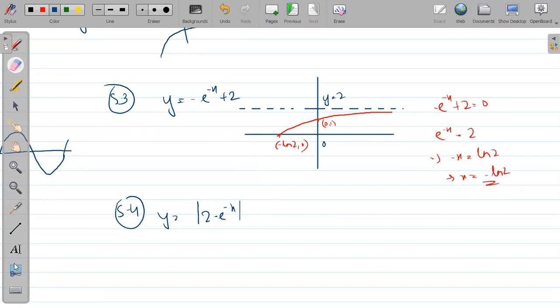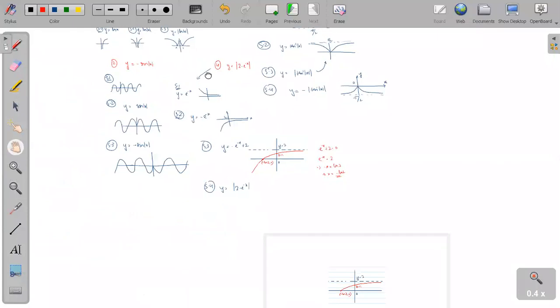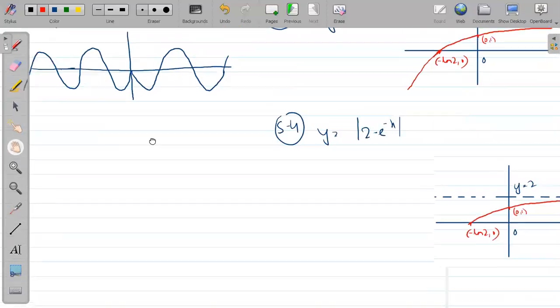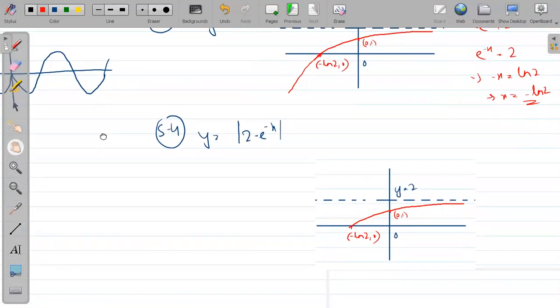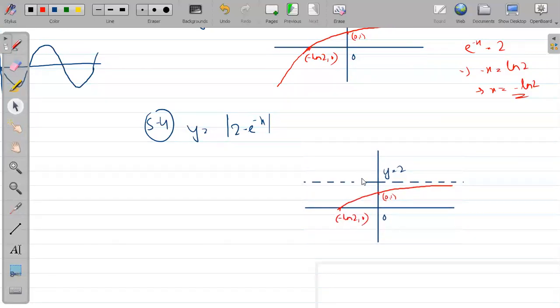You just get the idea. So after taking the image, what type of graph will you get?